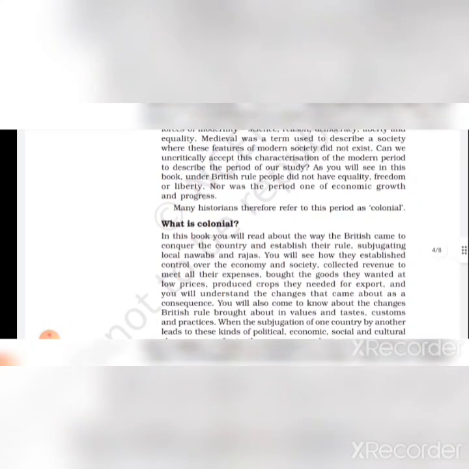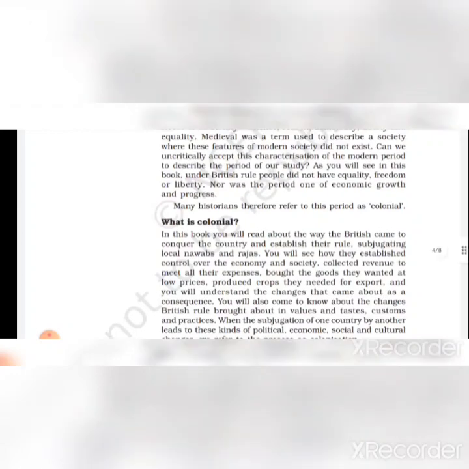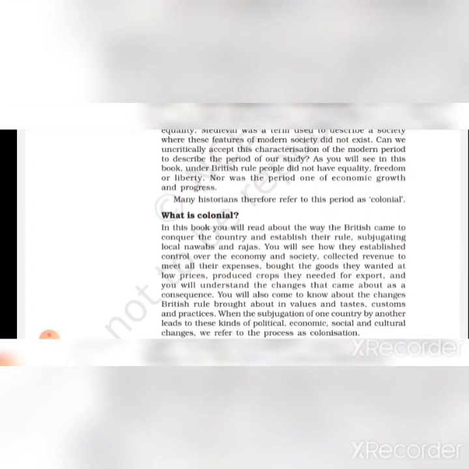Medieval was a term used to describe a society where these features of modern society did not exist. Can we uncritically accept these characterizations of the modern period to describe the period of our study?